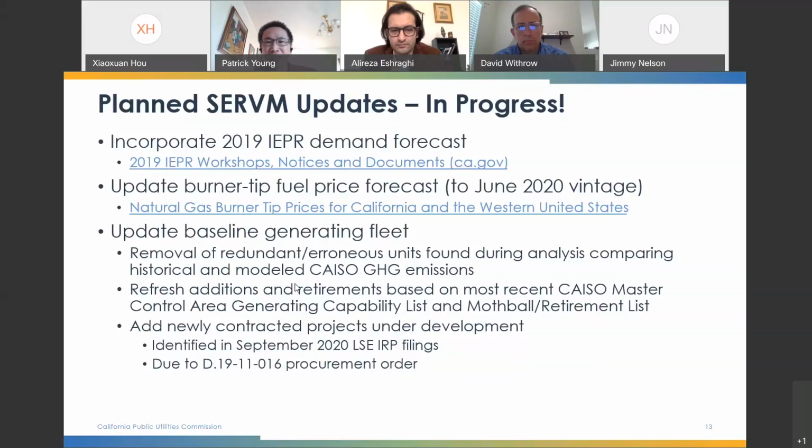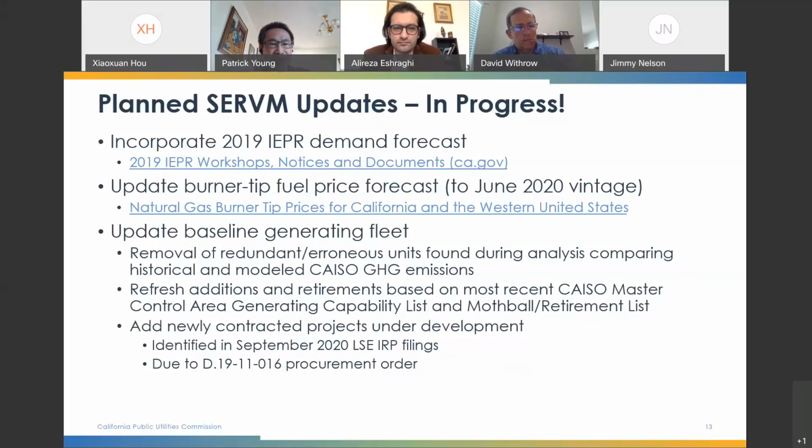Another component of the baseline update that we are in progress on is refreshing the additions and retirements based on the most recent CAISO Master Control Area Generating Capability List and the mothball retirement list. And finally, we'll be taking a look at newly contracted projects under development.